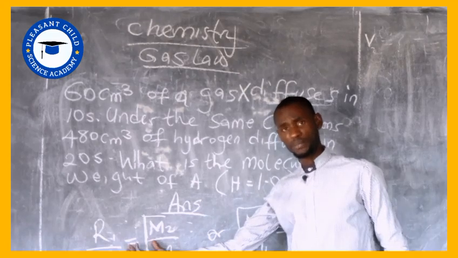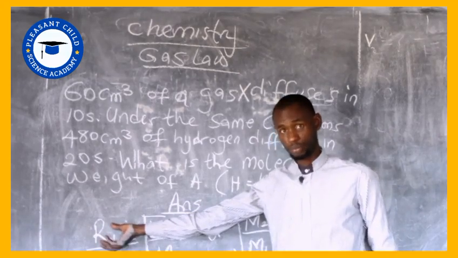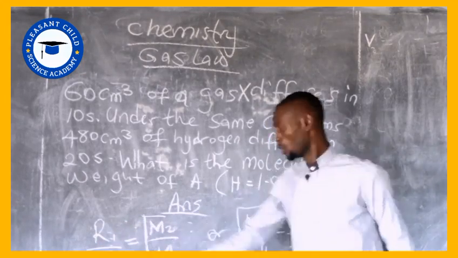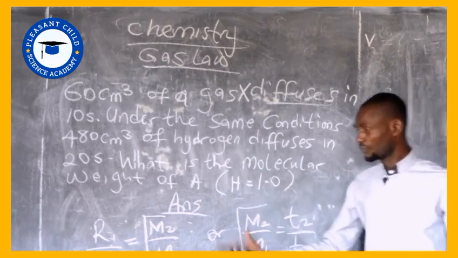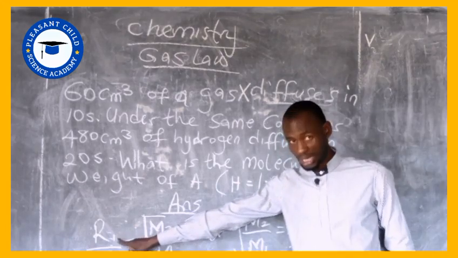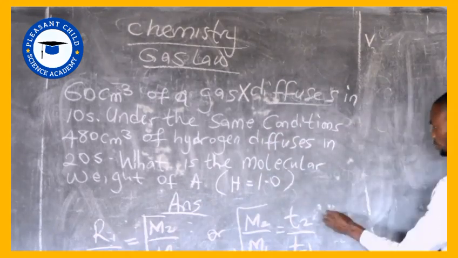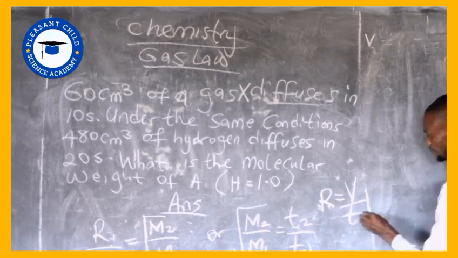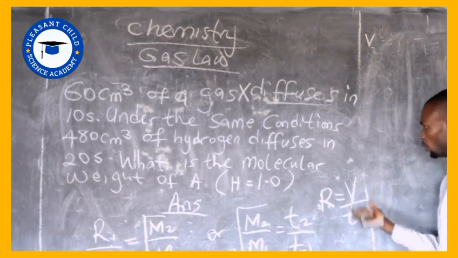We make use of the first formula if we have different volumes for the first gas and the second gas. We make use of this one if we have the same volume for the two gases. Rate 1 means the first gas, rate 2 means the second gas. Rate on its own is equal to volume over time. So we have a formula for calculating rate, which is volume over time.